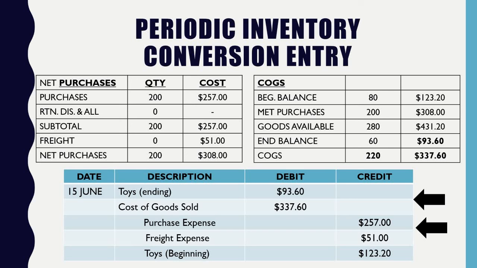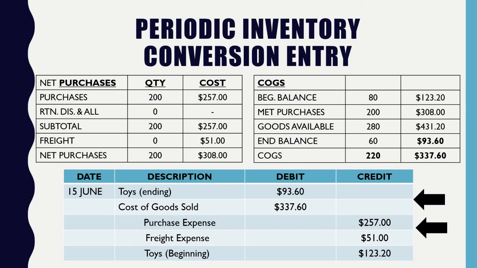Why? Because we have beginning inventory, we need to include that with your total purchases and your total freight expense. So understand it that way. You need to add your beginning inventory as a credit, right? Because your ending inventory ultimately is going to be the 60 items that you have currently in your inventory.